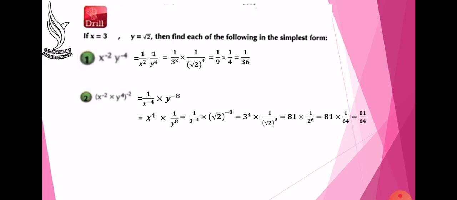And 1 over y^8, which is root 2^negative 8, which is 1 over root 2^8. 1 over root 2^8 equals 1 over 2^6, which is 1 over 64. So the result is 81 times 1 over 64 equals 81 over 64.